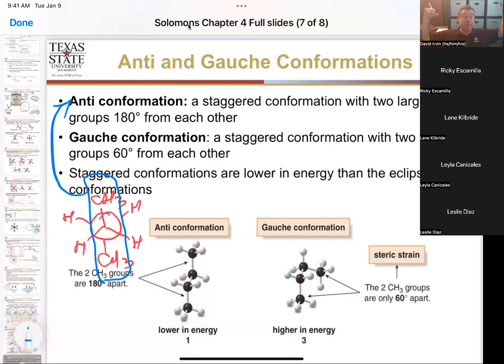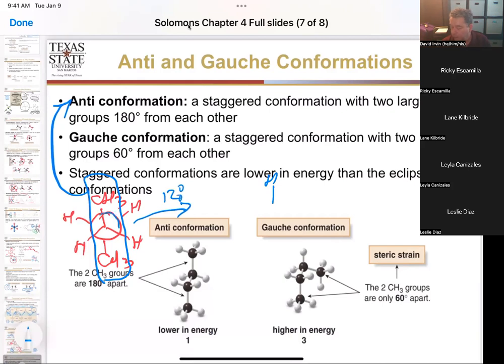So that's the best case scenario. The biggest groups are as far apart from each other as possible, and they're in that staggered conformation, so they're really, really happy. That's the lowest energy state. But what if we rotated this 120 degrees?